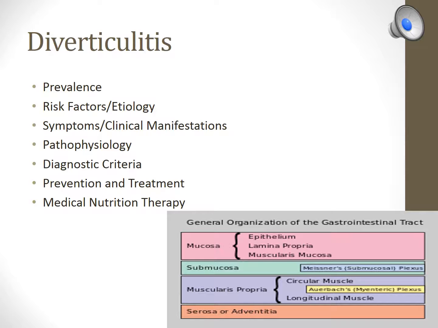The exact pathophysiology of the formation of a diverticula is unclear. However, the risk factors contribute to the formation of a diverticula. So once the diverticula has become formed, fecal material often becomes entrapped in the diverticula and causes an abrasion in the mucosa, causing a low-grade inflammatory response.